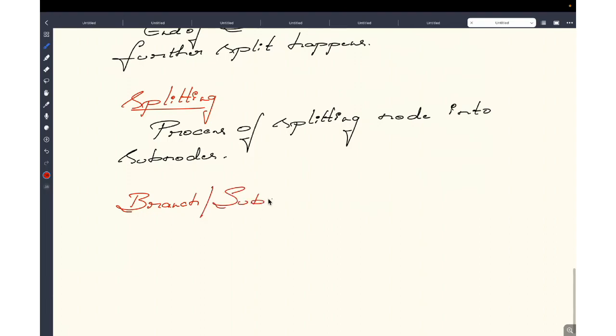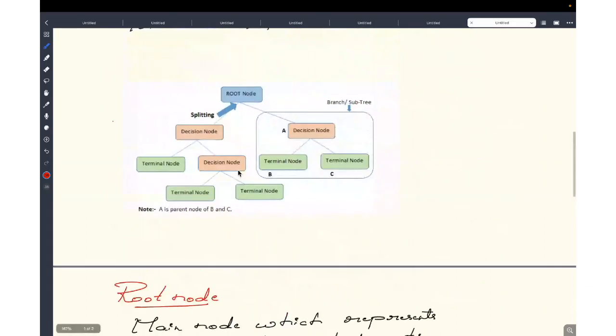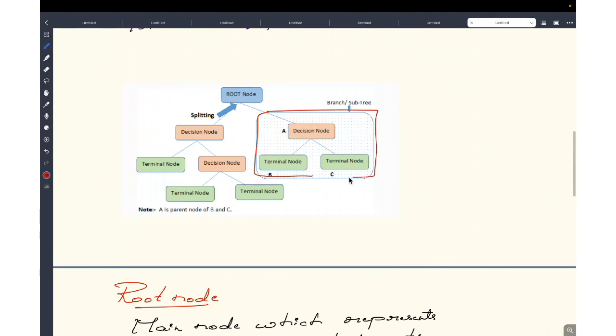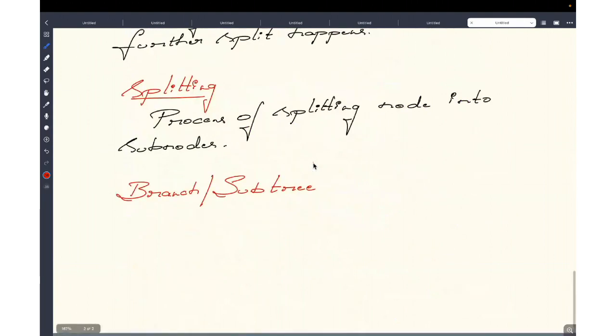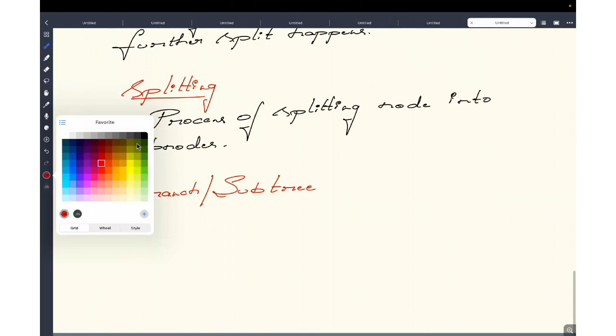Just like normal trees, we have a concept called a branch or a subtree. You can see here, in this case, this part of your decision tree is called a branch or a subtree.